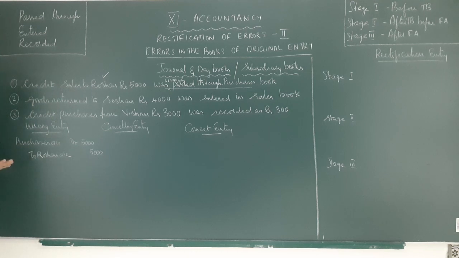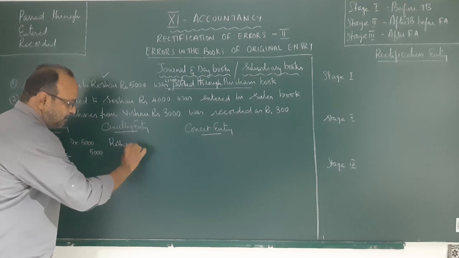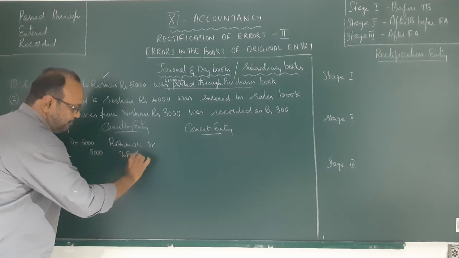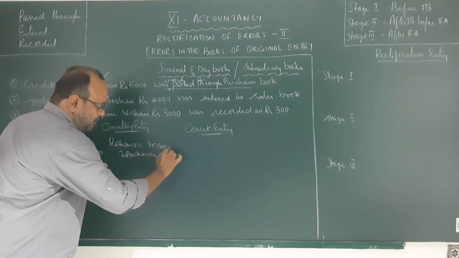Now this is the error. Everybody knows this is an error. This is a mistake. Now let us cancel this mistake. How do we cancel it? Just reverse it. Roshan account debit to purchases account, 5,000.